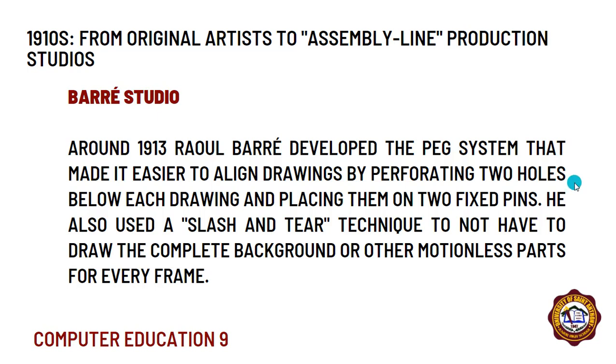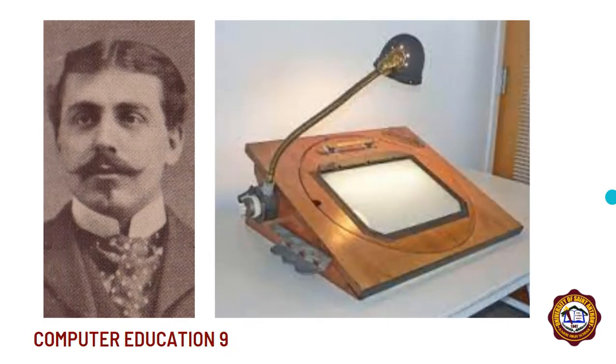So, ganito yung itsura, ito si Raoul Barre. Tapos, ito yung, ang tawag dito, peg bar, if I'm not mistaken. So, the peg bar, it used the peg system. Okay? So, hindi ito yung sinasabing peg system, ha? Pero, gumagamit siya ng peg system.